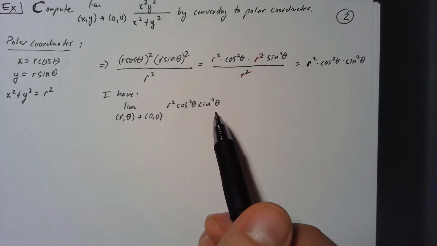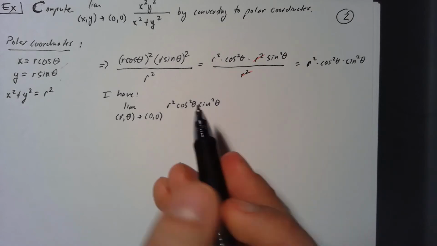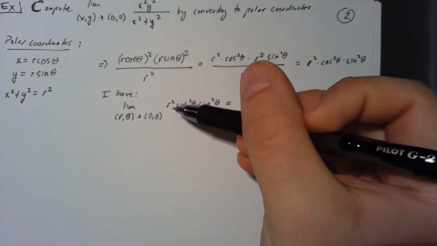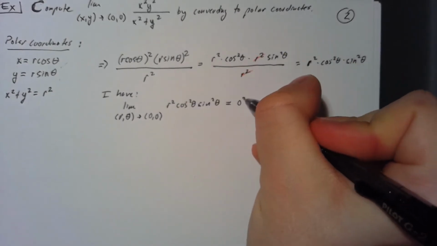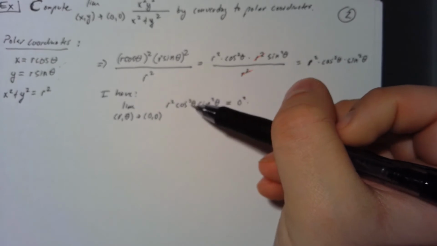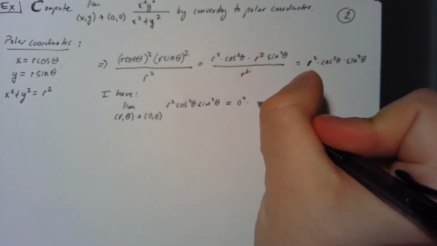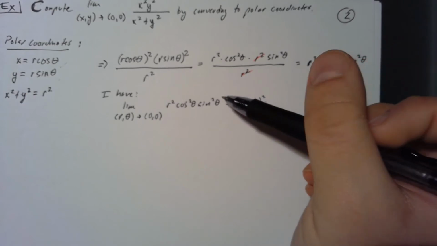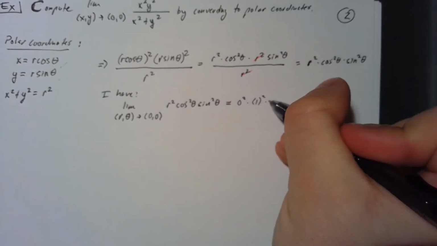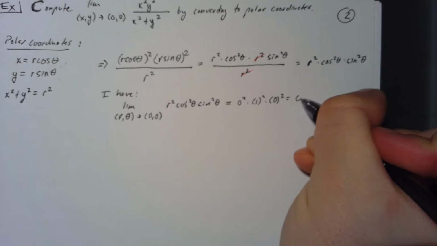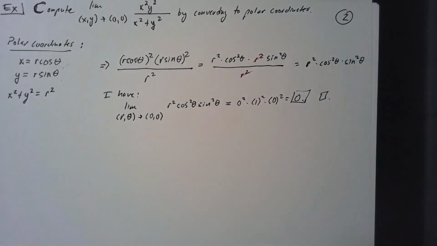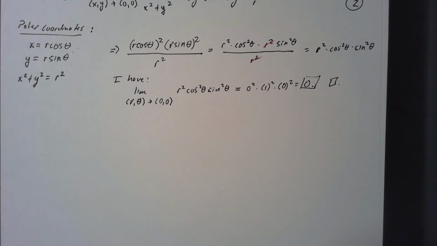So if we plug that in, you're going to get 0 squared times 1 squared times 0 squared, which is obviously just 0. And that's fine. There's nothing wrong with that.